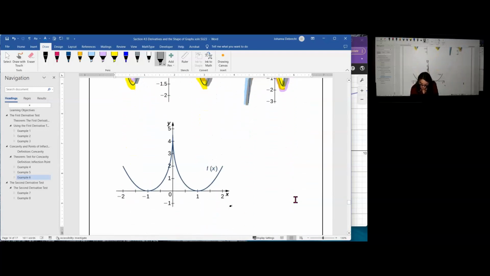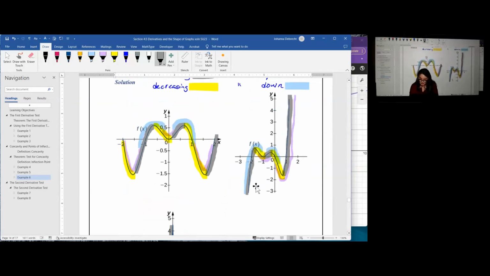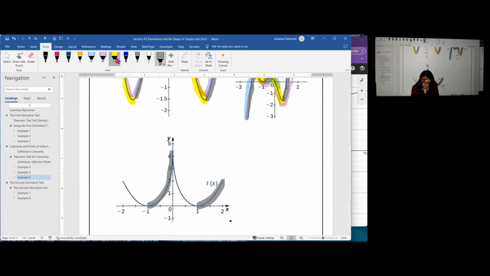We can look at the graph and see that it's increasing on this section here from the relative minimum up to where we have an absolute maximum. It's also increasing again from the relative minimum to the right. It is decreasing in between, from the left to the location of the relative minimum and from the absolute maximum to the location of the next relative minimum.